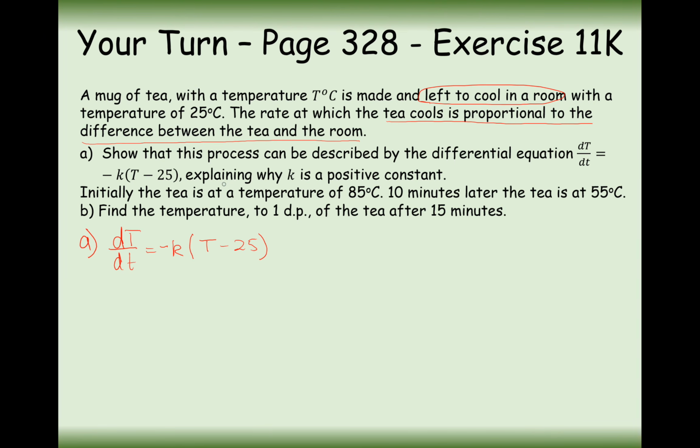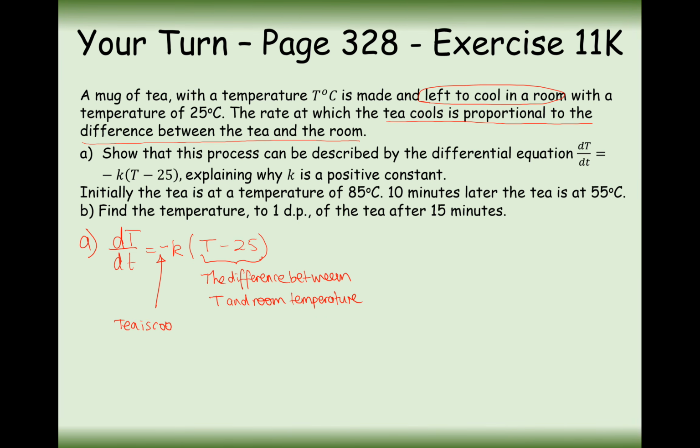So if I'm going to show this process, I'm going to have to describe what I've done here. I can't just write out the answer again. So this bit here is the difference between T and room temperature. The negative symbol here is because the T is cooling.